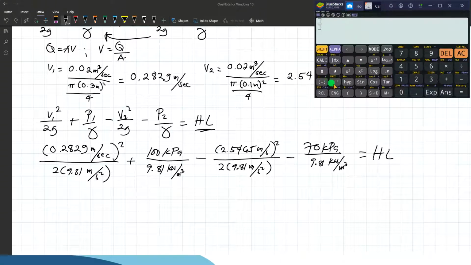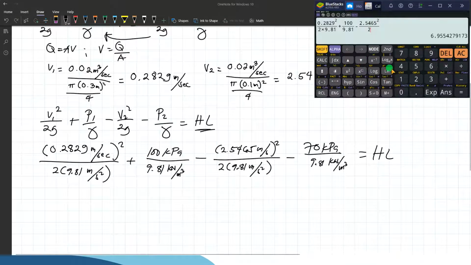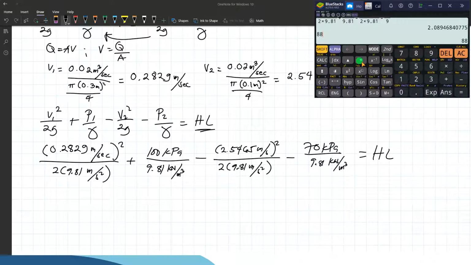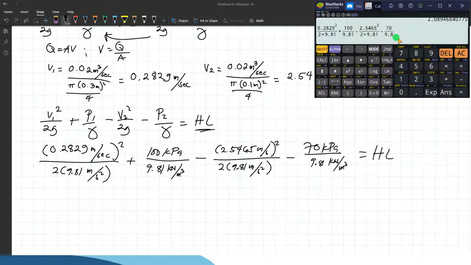Okay, let's directly solve this using our calculator. Squared over 2 times 9.81 plus 100 over 9.81 minus squared over 2 minus 81.